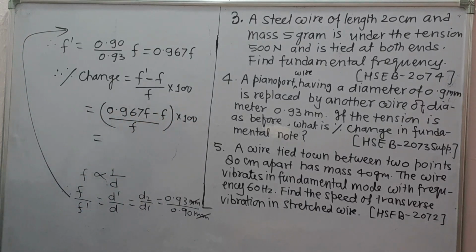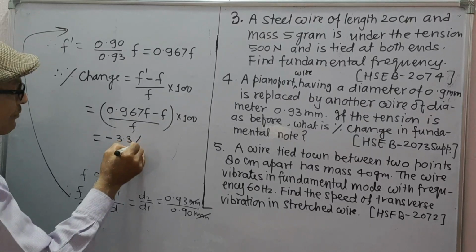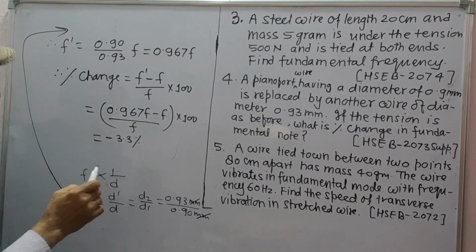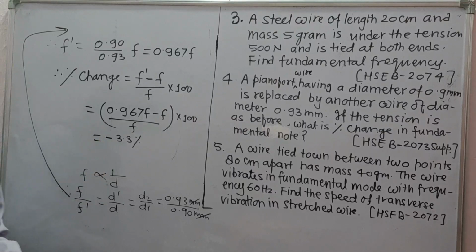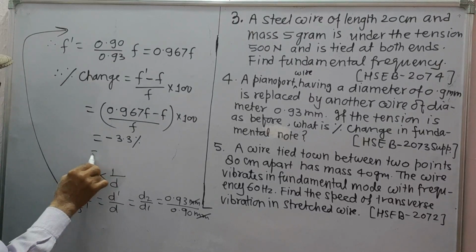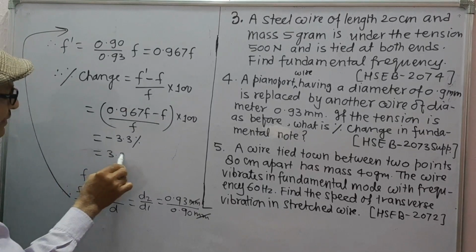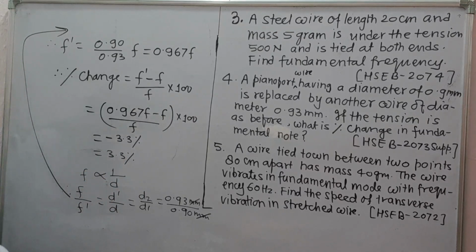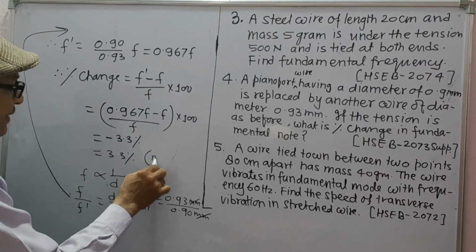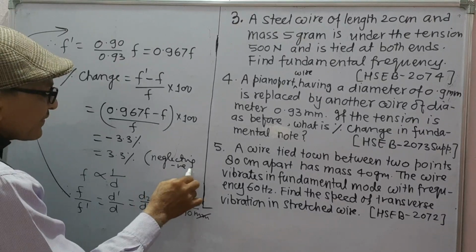F cancels out and we get minus 3.3%. Minus indicates that the fundamental frequency is decreasing. So the change is equal to 3.3%, neglecting the negative sign.